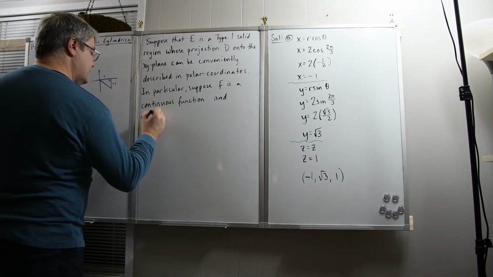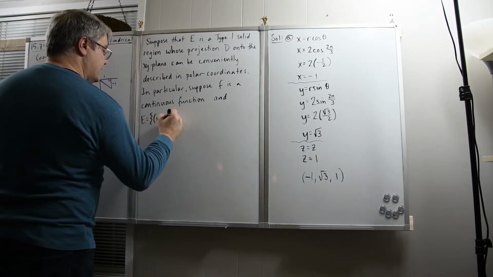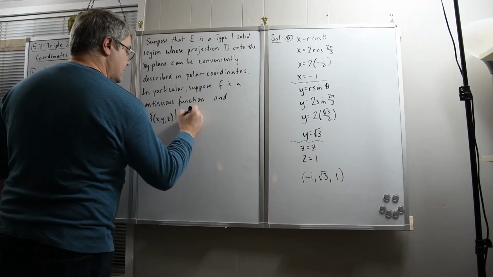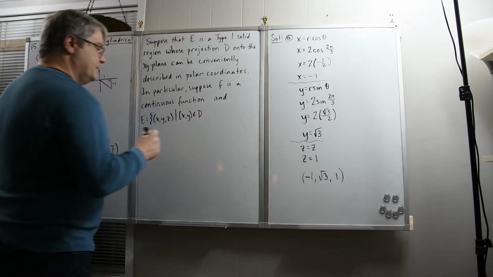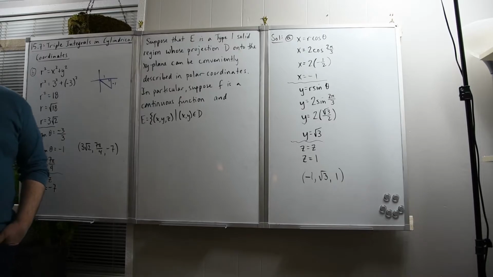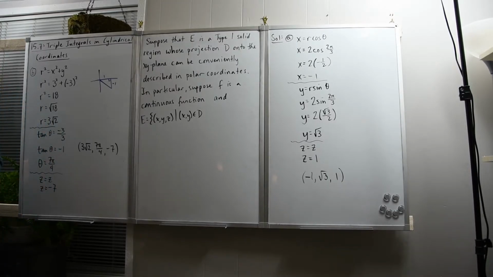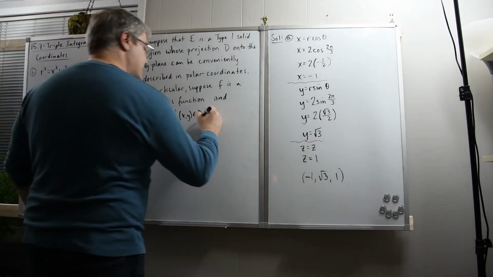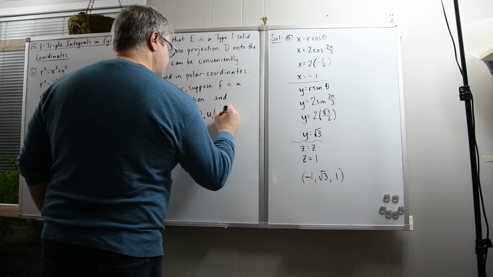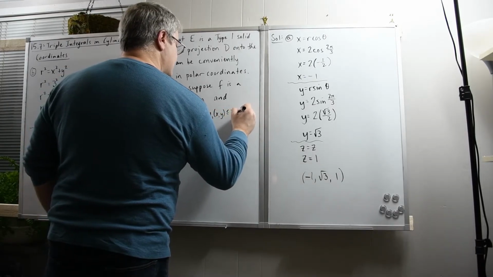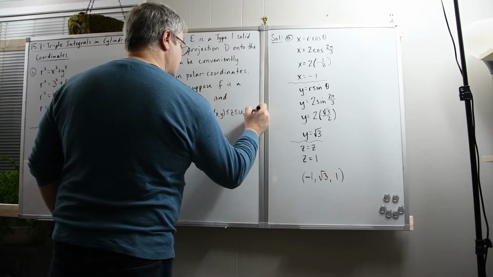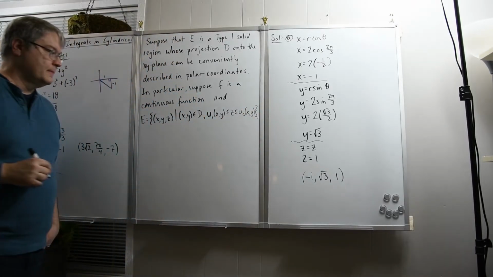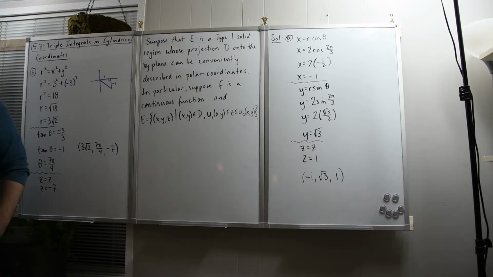So E is going to be the set of all points x, y, z such that x, y is in this projection D, and z is going to be bounded by u1 of xy and u2 of xy.